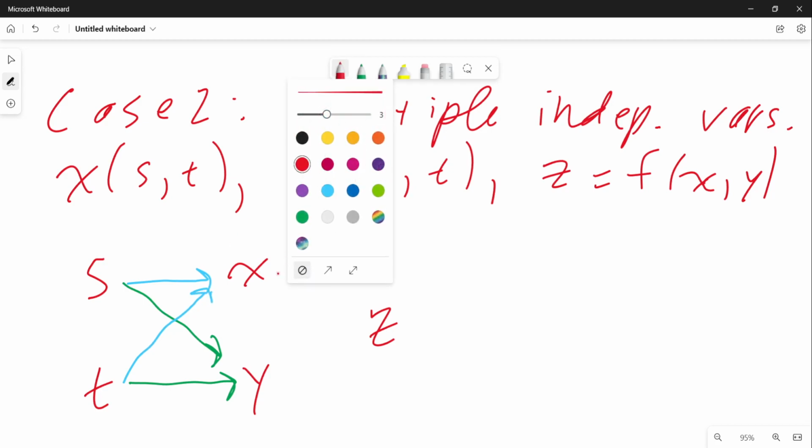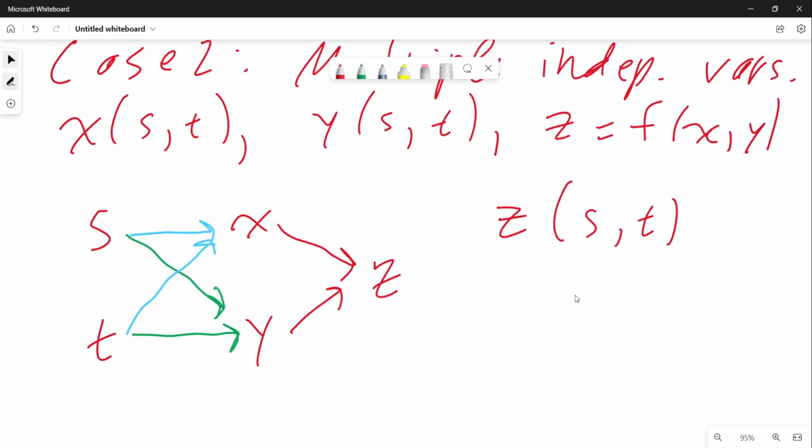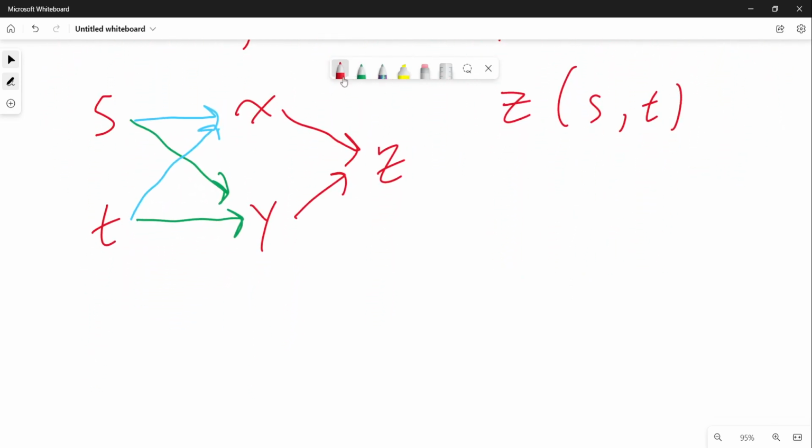And then after that, they both go to z. So ultimately, z is a function of s and t with x and y in between. So we should be able to figure out how each of the independent variables, s and t, are driving z.